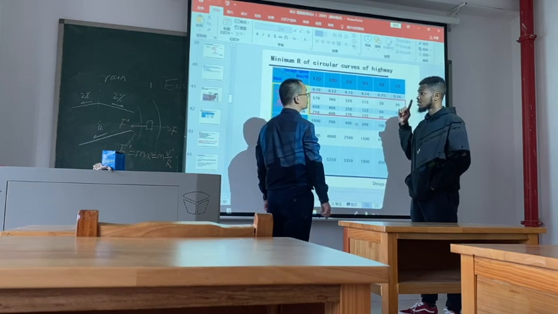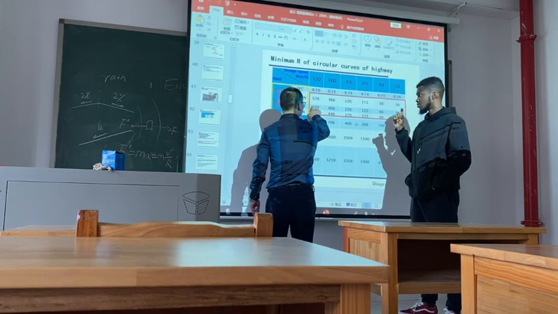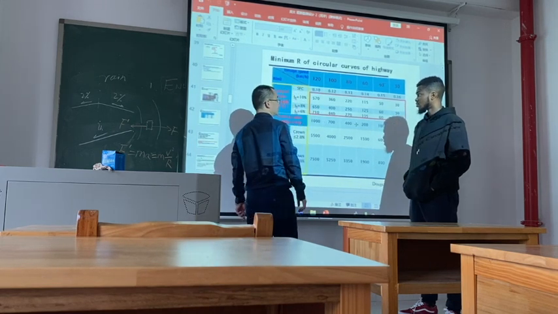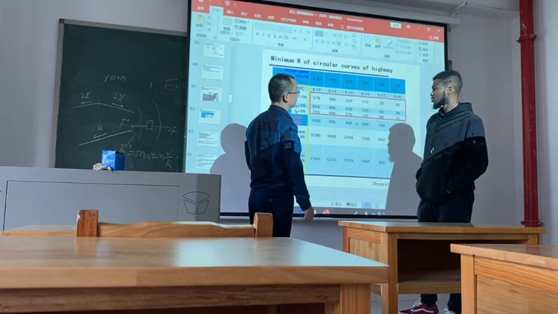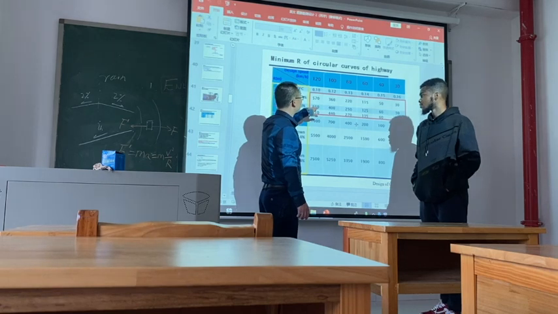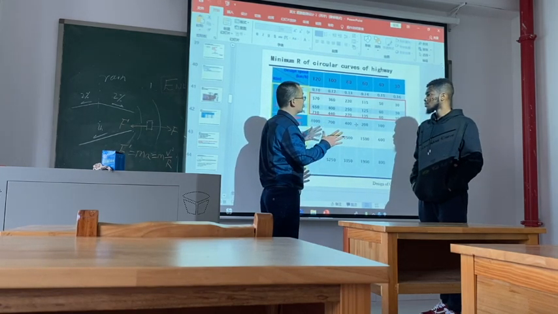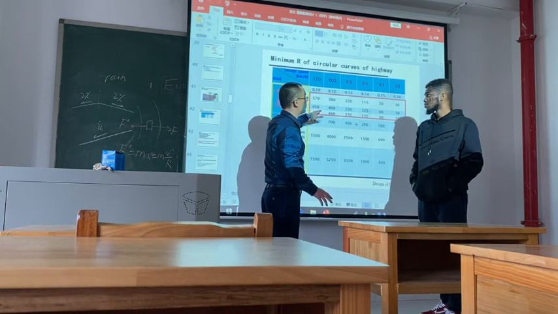Must be greater than this value. If it is less than this value, it's not safe. When you drive on the curve, it's not safe.